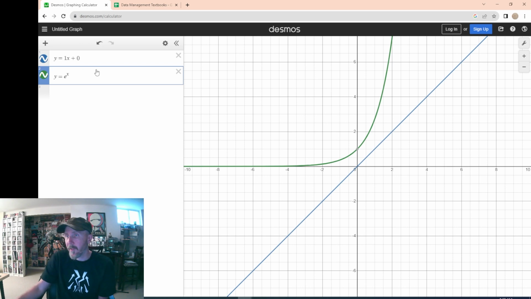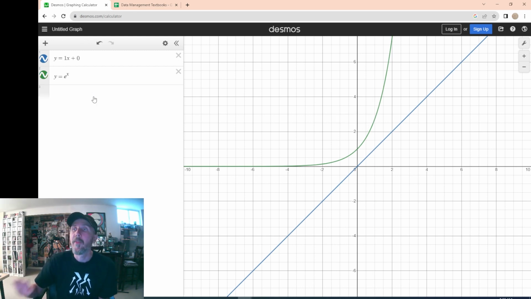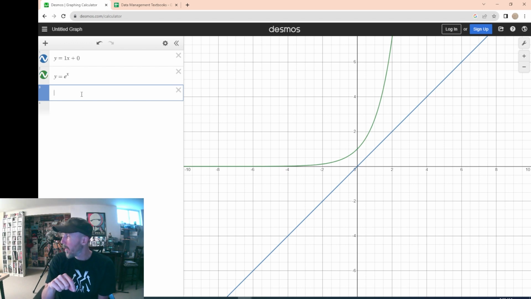Now, what is interesting about this is at 1, it should be at that 2.718. Let me just double check here. X equals 1, a quick little line. Look at that, 1 and 2.718. So that decimal would keep going on forever. Anyways, we don't need that stuff. There is our exponential. On our calculators, we've got a log button, but also right near it there's an ln button.